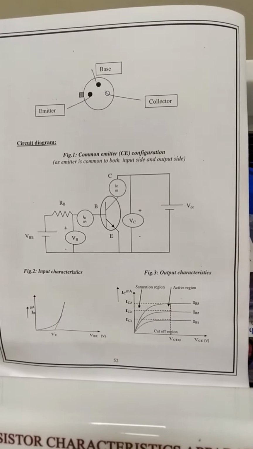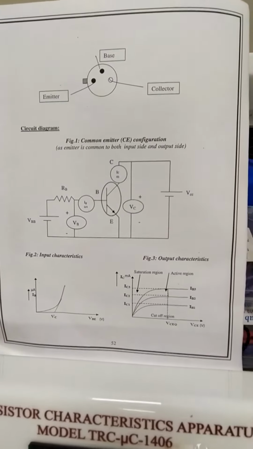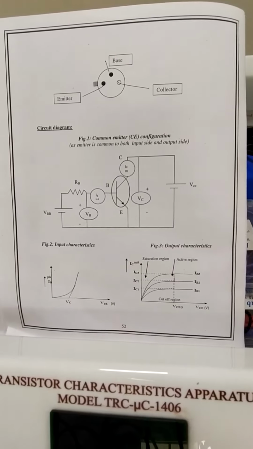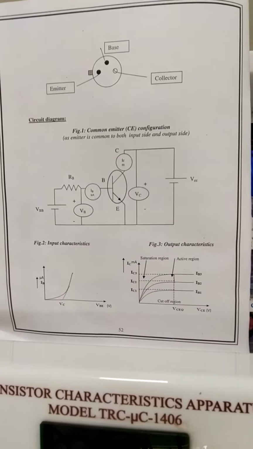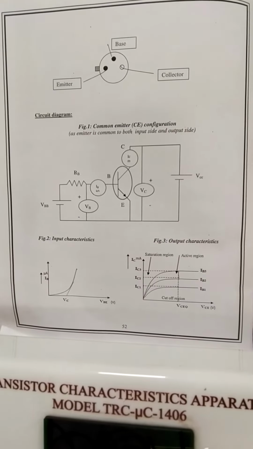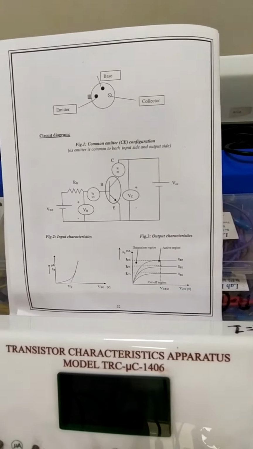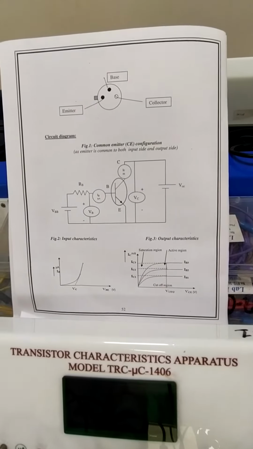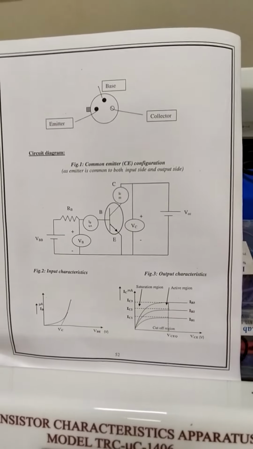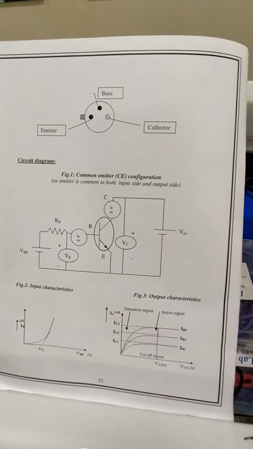The emitter base junction is forward biased, and hence the junction resistance is very low. The collector base junction is always reverse biased, and hence its junction resistance is very large. At the base of an NPN transistor, the electrons coming from the emitter are attracted by the reverse biased collector.